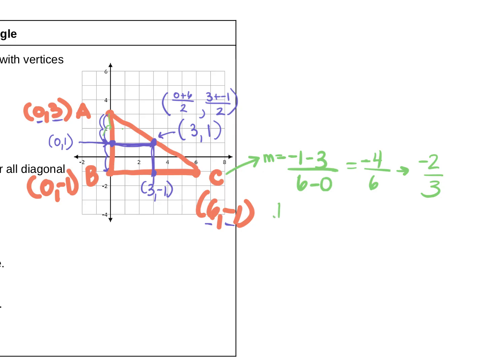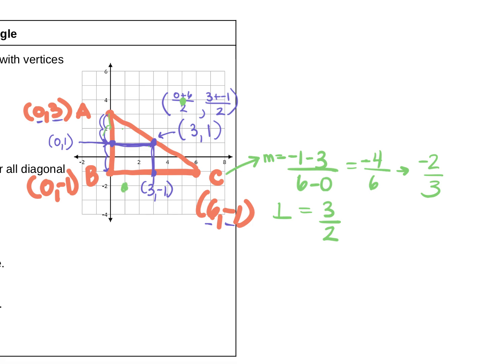A perpendicular slope of that would be the opposite reciprocal, so 3 over 2. So if I go to that midpoint, and if I go up 3, right 2, up 3, I can even just do it once, or I can reverse it.